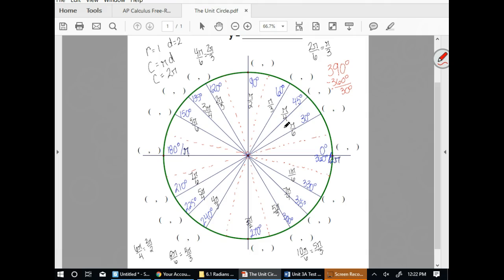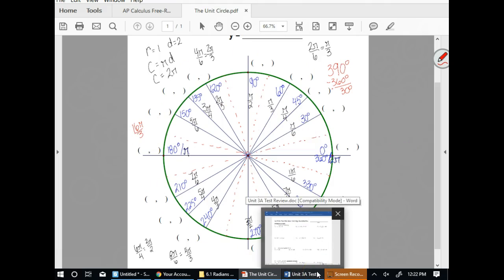Right? Same thing is true if I give you something awful, like 16 pi over 3. That's really bad, and it's not on here where I can look it up, right? How much is a full rotation if we're doing radians? It's 2 pi, right?